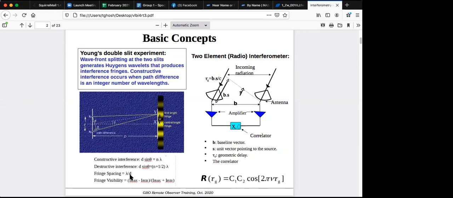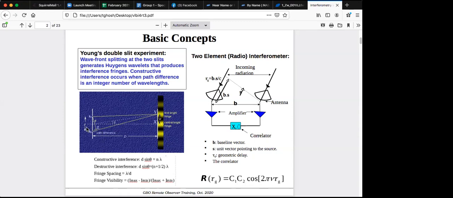The fringe spacing here is defined by lambda over D. Another important concept is the contrast of the fringes, called fringe visibility, measured by maximum intensity minus minimum intensity divided by the average intensity. This is the so-called fringe visibility.